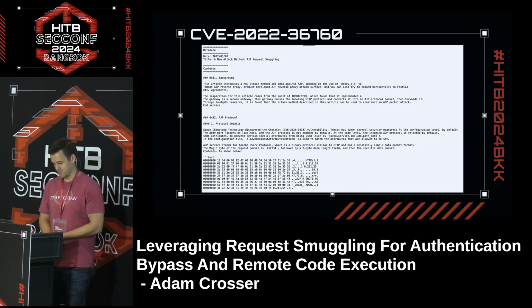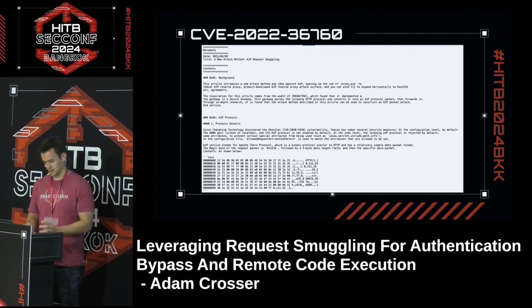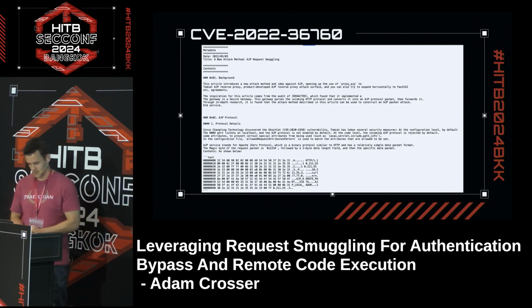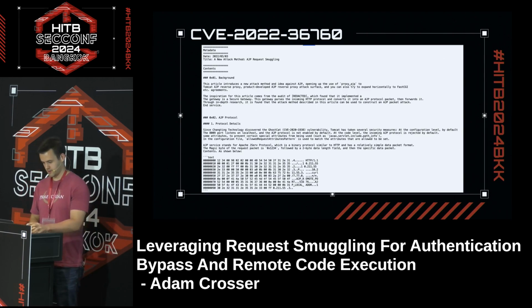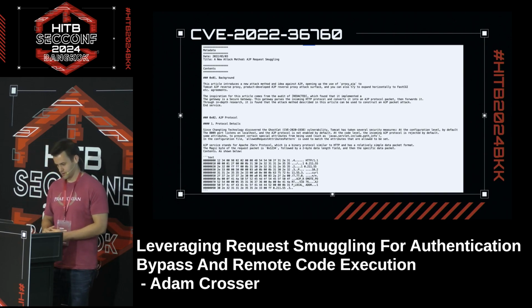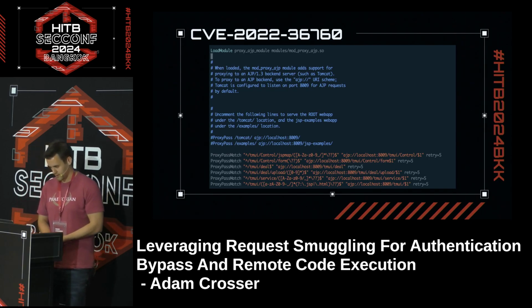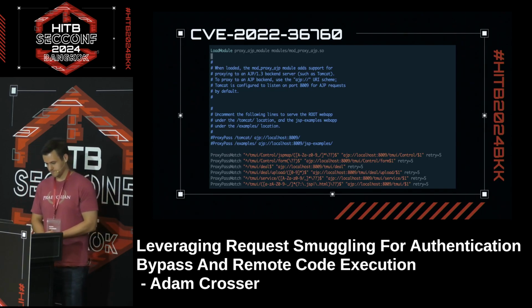But in this case, we just wanted to understand the vulnerability first, and there's an excellent write-up on richterz.me, by the original person that audited the Apache AJP module and found this particular issue. It's rather complex. You have to understand some aspects of the AJP protocol, so it's definitely a good secondary resource if you're interested in learning more beyond this presentation.